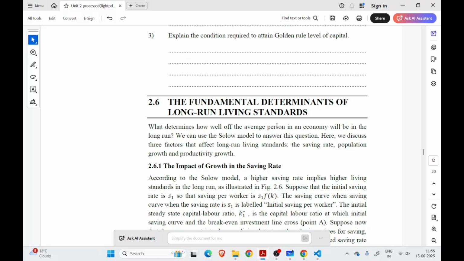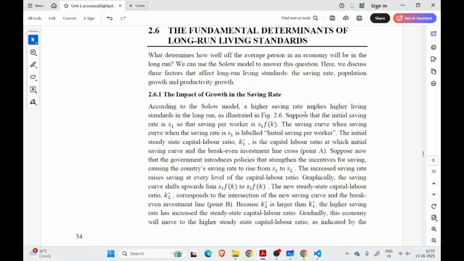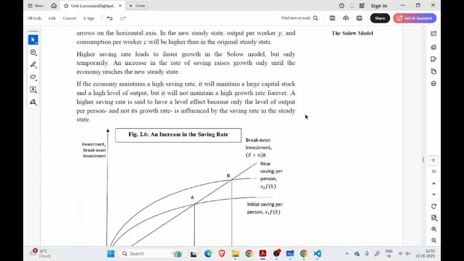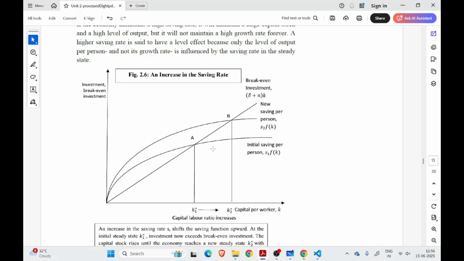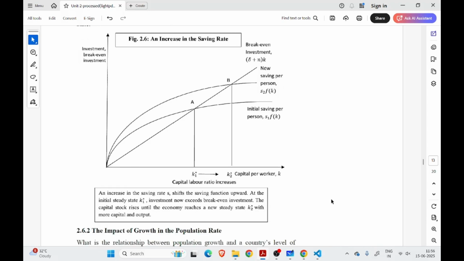Now we are going to talk about the fundamental determinants of long run living standard. So what happens if we increase the savings rate? Initially let's assume the savings rate was s1 and we increase it to s2. Therefore an increase in savings rate s shifts the saving function upwards.